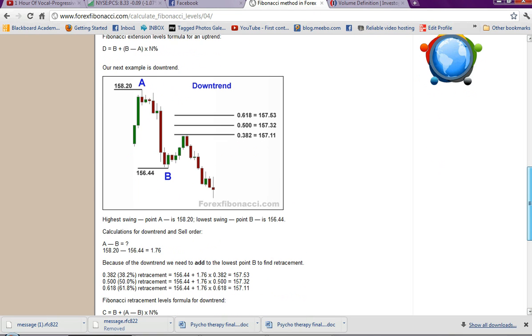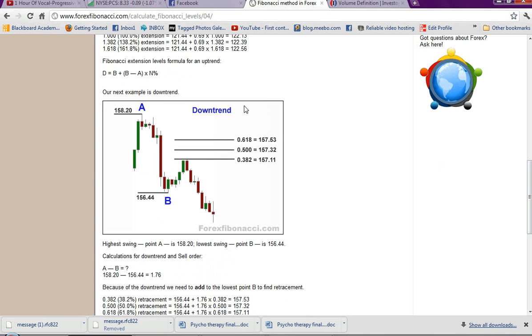For example, in this equation here, it shows you that D is equal to B plus (B minus the previous number) times the percentage of N, which pretty much gives you every single time the Fibonacci code, in decimal form.